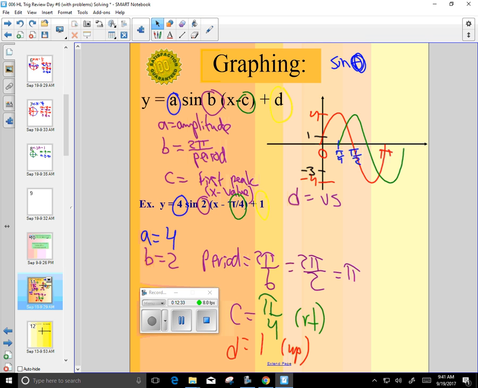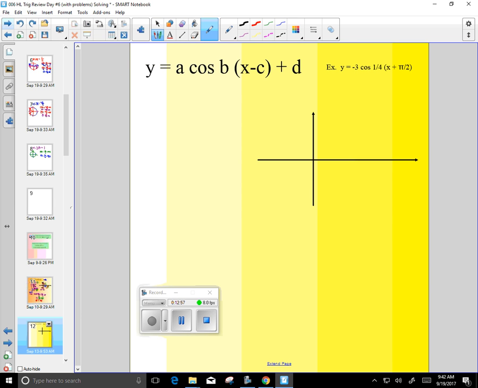So if I do that, it's going to go between negative 3 and probably 5. And that is how you sketch a translated graph for any period, any amplitude, any phase shift, any vertical shift. Isn't that interesting? Kind of cool. We used to spend a week doing that. You just did it in 5 minutes.